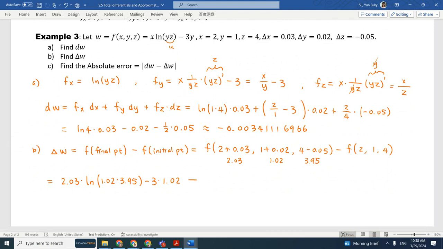Then minus f of the initial point. Make sure you put parentheses there, because you have two terms. If you have more than one term, you need the parentheses, because you would need to flip the sign if you forget the parentheses. Okay, so what is x?